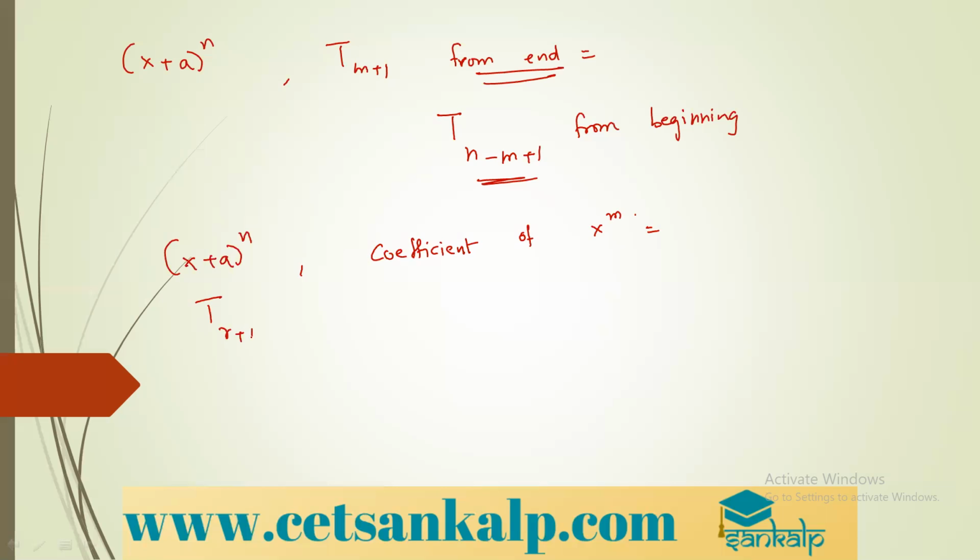You will take the general term, nCr, x power n minus r, a power r. They are asking for x power m, but you have n minus r. So n minus r, you will equate to m. In that process, r you will get as n minus m.